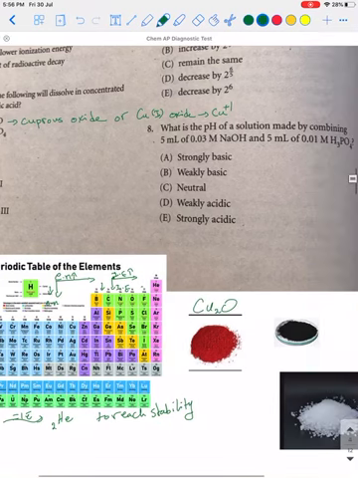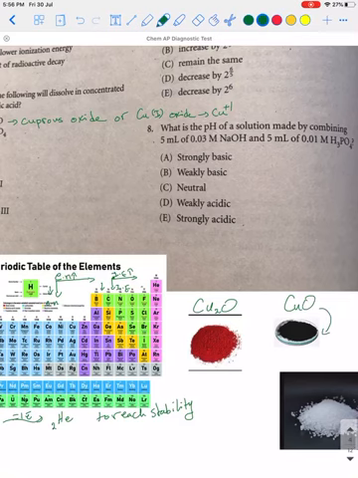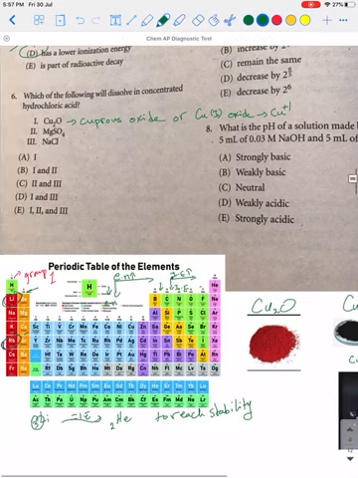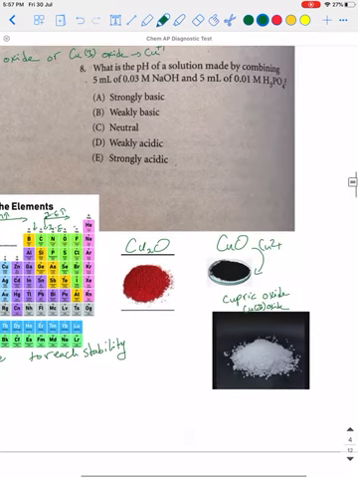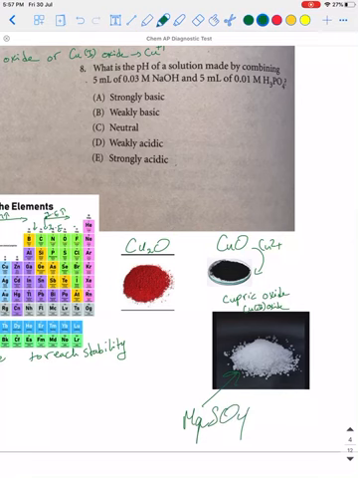This is cuprous oxide. What's this black one? In reality, this is cupric oxide. So there is a difference between cupric and cuprous. Cupric oxide is copper 2, where the oxidation number is Cu2+, unlike the one that we are talking about. This one is magnesium sulfate, white crystalline.